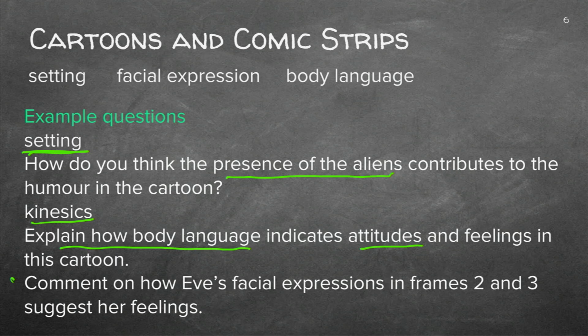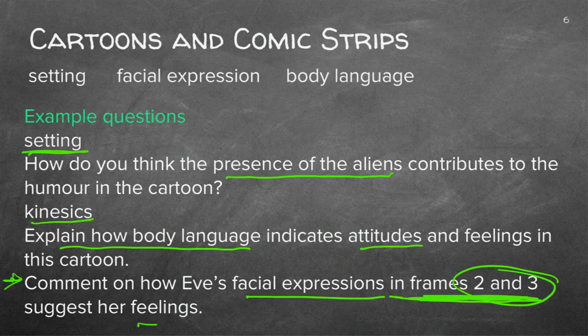You can also get more questions on that, such as: comment on how Eve's facial expressions in frames 2 and 3, and please note that they refer to frames 2 and 3. If you refer to frame 1, you will not get the mark. So make sure that you always refer to the frame and how the facial expressions then suggest feelings.